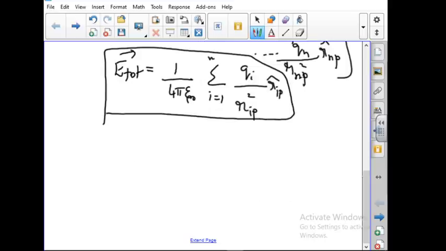Here I will take just 3 charges for simplification, or for your understanding. I will take 3 charges that are separated by distance from the point P. So consider a point P, and 3 charges are situated around that at 3 different distances.